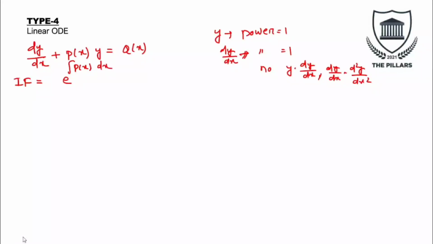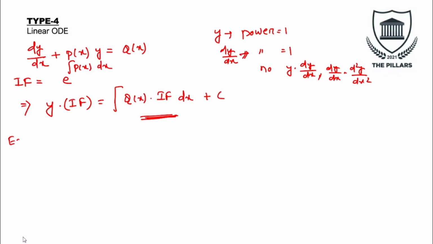After finding this integrating factor, we can write the solution as y times the integrating factor equals the integral of q(x) times the integrating factor with respect to x, plus an arbitrary constant c. So this is the solution of this kind of ordinary differential equation.